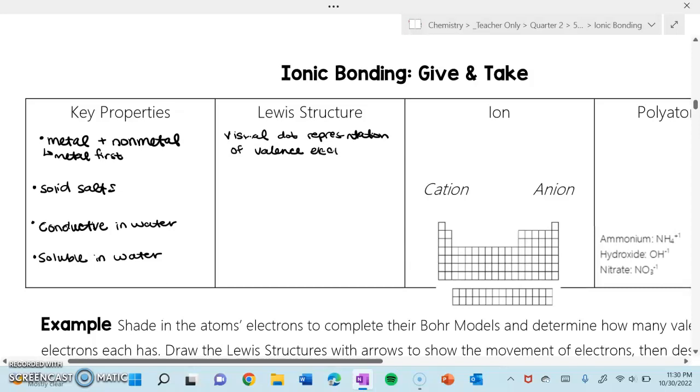And the way that you write a Lewis structure is really straightforward. You start with the element symbol, and then you use dots, 2 on each side of the symbol, to represent the valence electrons around it. When you have 8 dots, that will fill the Lewis structure. That represents a stable full octet.